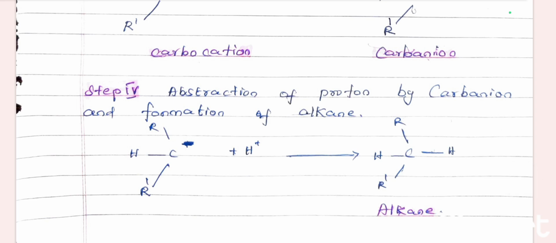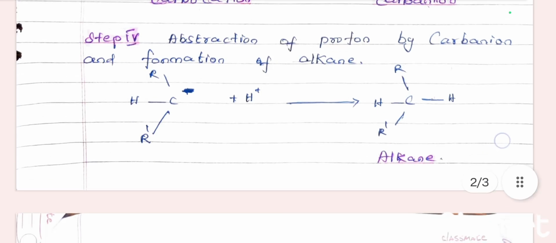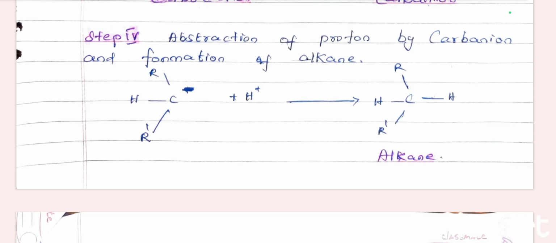In this final step, the carbanion abstracts the proton from the reagent and produces the corresponding alkane. The carbon valency is 4: two valencies are bonded with two alkyl groups, and the two more valencies are bonded with two hydrogen atoms. So finally we get the targeted alkane product.